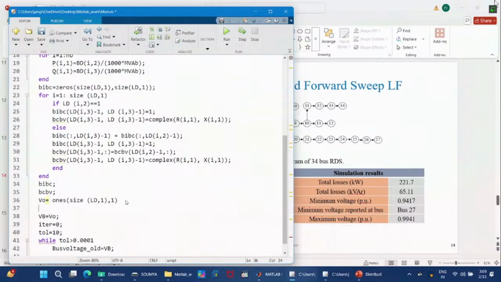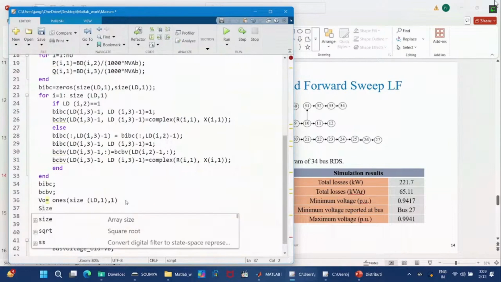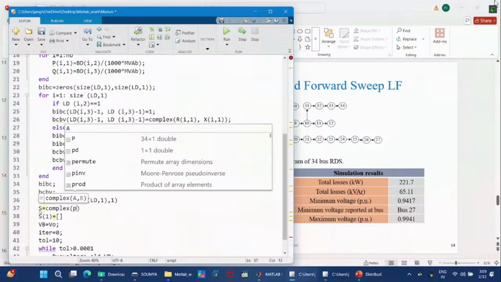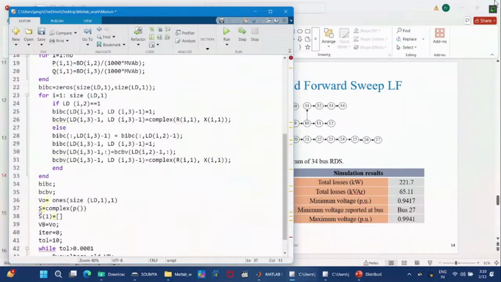So let's write initially, write it in matrix. Okay, before that, write it as complex of, this is supposed to be capital P, I think.